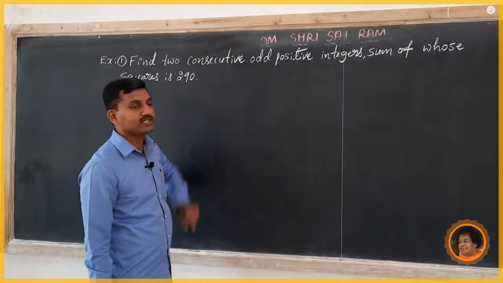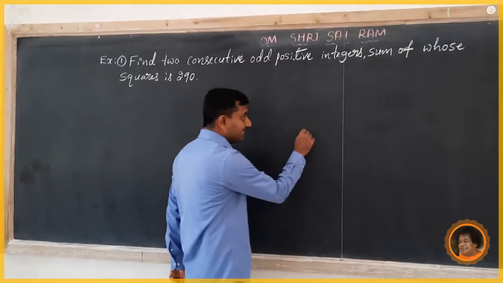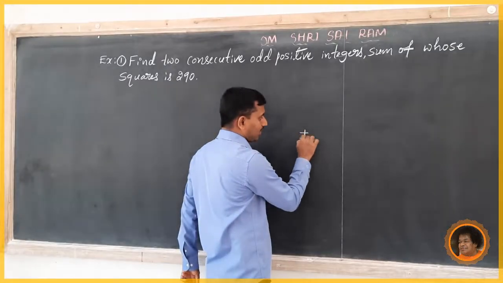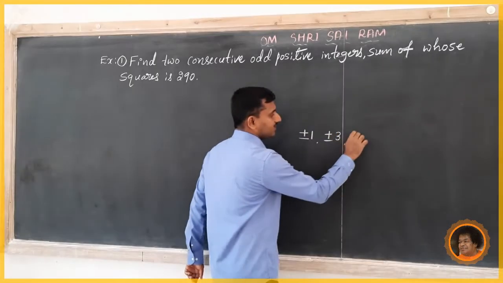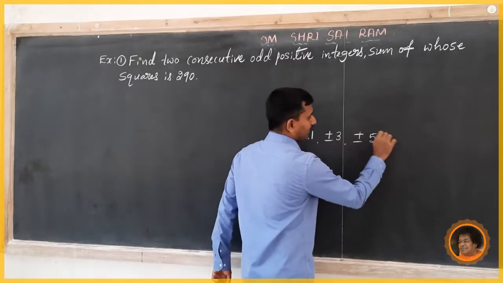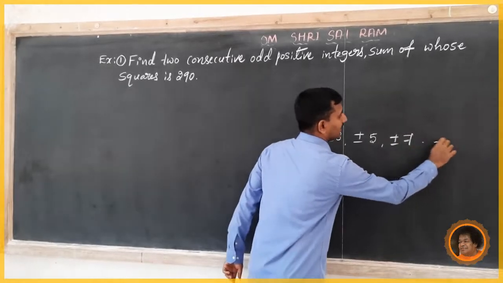The odd integers are plus or minus 1, plus or minus 3, plus or minus 5, plus or minus 7, and so on.